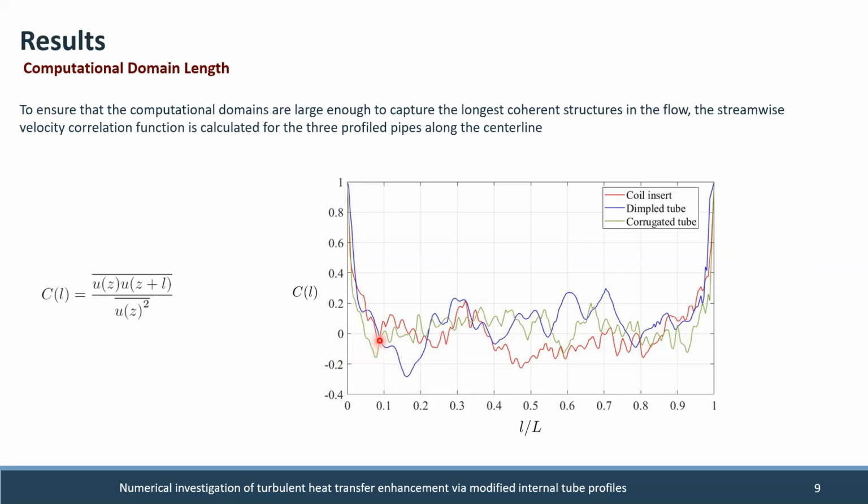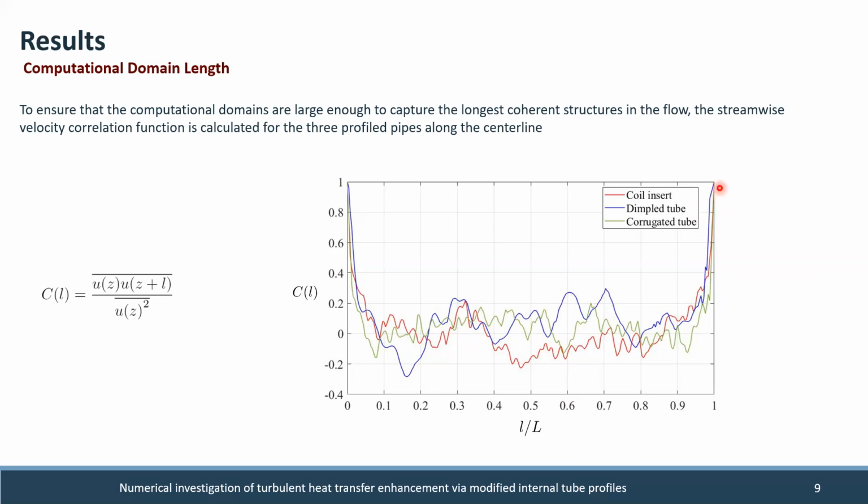So it shows that the longest coherent structures that we have in all the cases are smaller than 1/10 of the domain length for all the three cases. And after that, the correlation oscillates around 0.